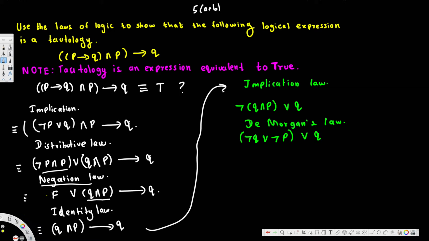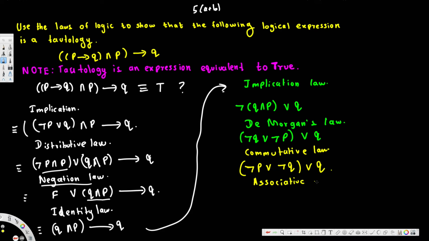The next thing is we are going to just use the commutative law. Commutative law says we can just switch it around. When we have not Q or not P, it is equivalent to not P or not Q. So we can just write this one as not P or not Q, or Q. Okay, the next thing is we can use the associative law.